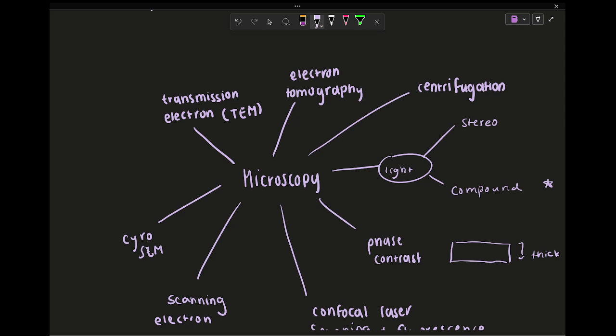Remember, this must be homogenized before you centrifuge it. There are two types: density centrifugation, where the most dense go to the bottom and the least dense go to the top, or differential, which is based on density, shape, and speed.